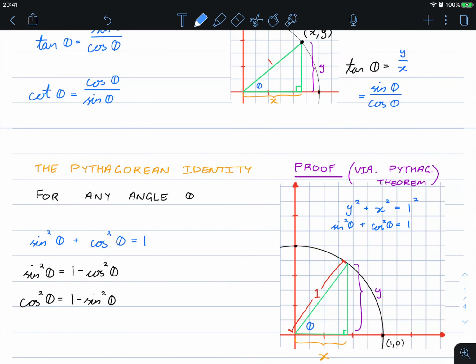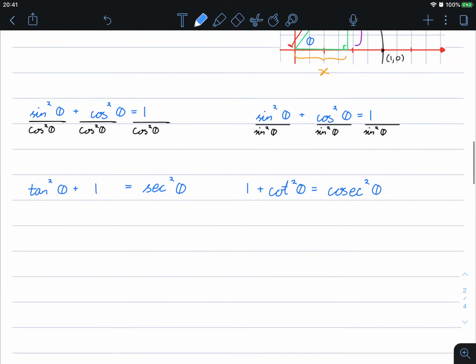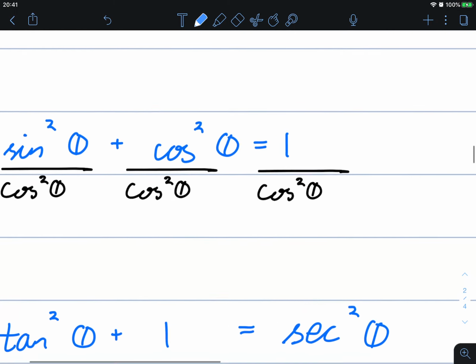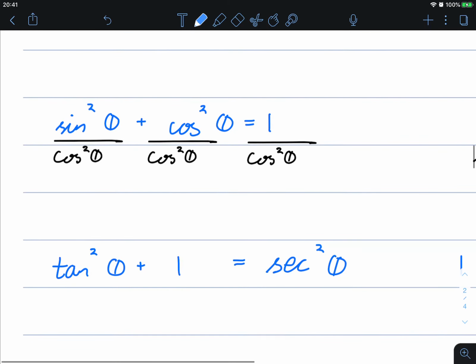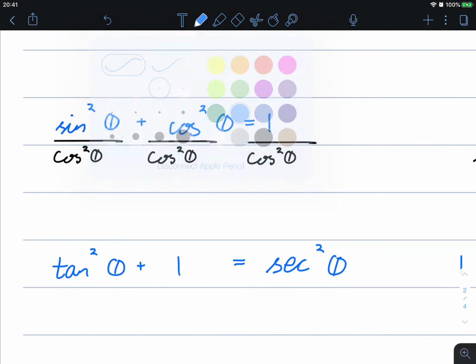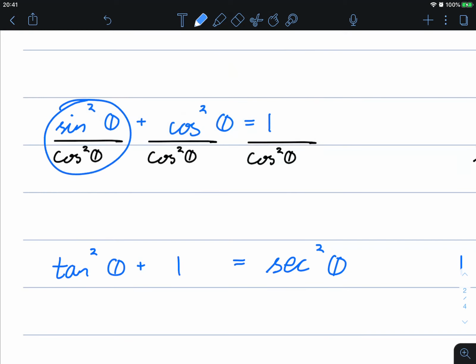Extending this identity a little bit further, if we take the identity sine squared theta plus cos squared theta equals 1, and we divide every term by cos squared theta, let's take a look at what happens. We get sine squared over cos squared theta.